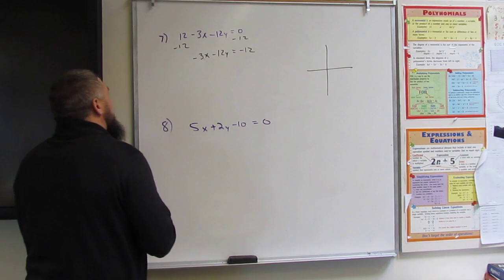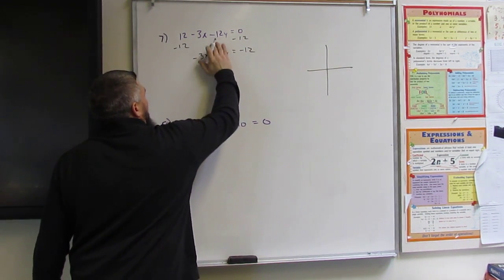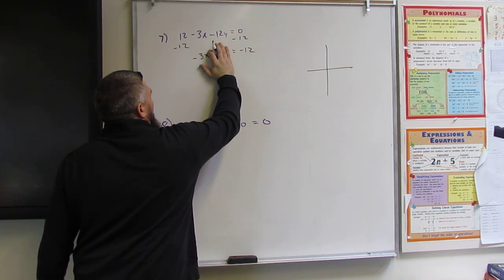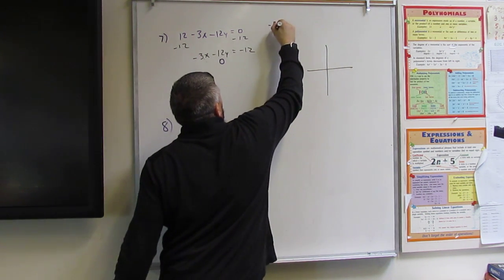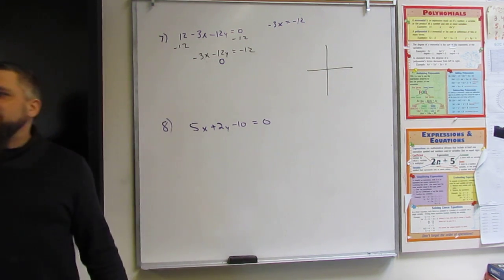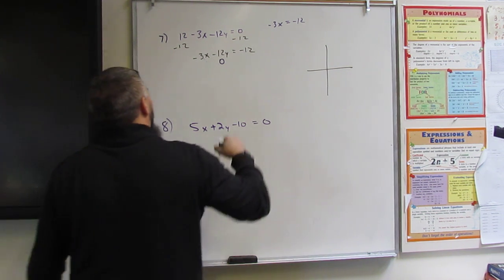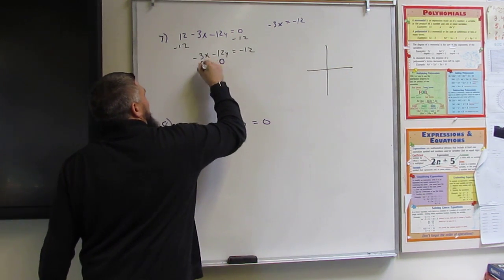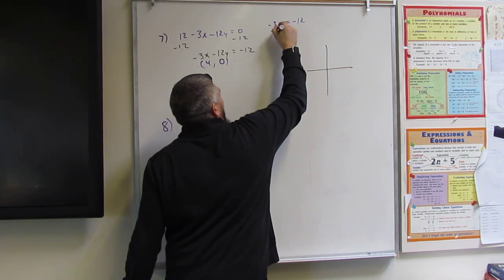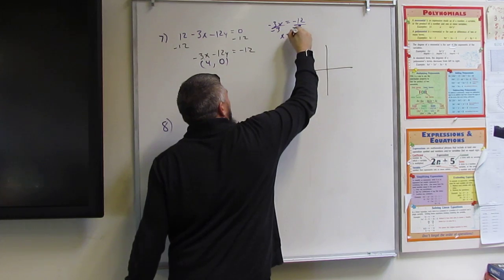We'll solve for x and cover up the negative 12. Negative 3 times what is negative 12? Positive 4. Very good. So divide by negative 3. I get x equals 4.